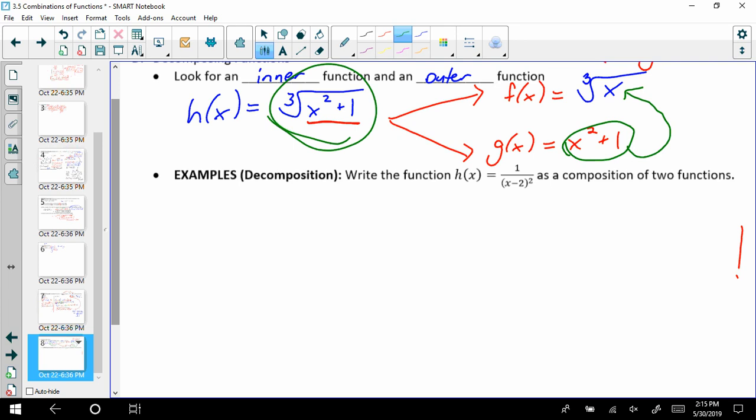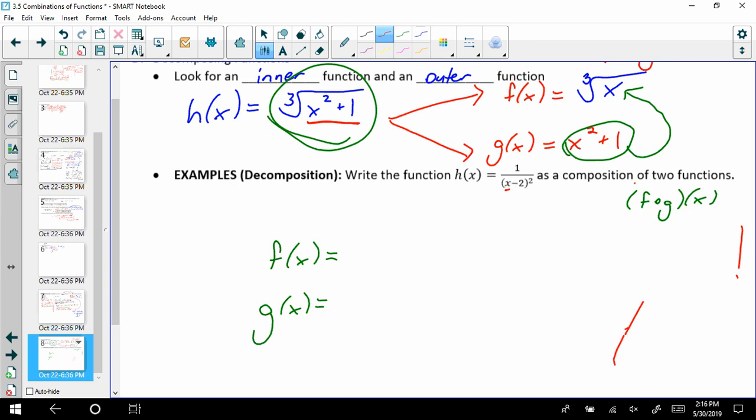Write the function h as a composition of two functions. So I want to break it back apart into two functions. And again, I'm going to say I want this to work. f composed with g. I want that to be true. So let g be the inside piece. Now there's more than one way to do this one. So I would say, what's the inside piece?